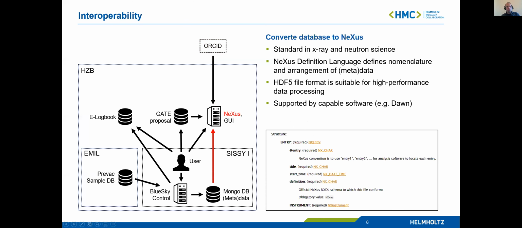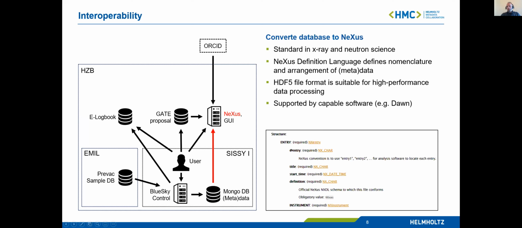So concerning the interoperability, which is in principle the way the information is provided, we implement a conversion routine to convert the content of the Mongo database in a Nexus file format, which is standard.